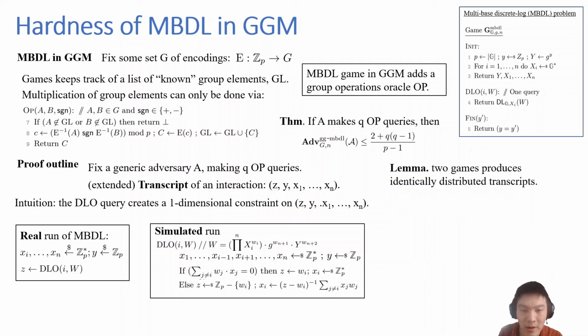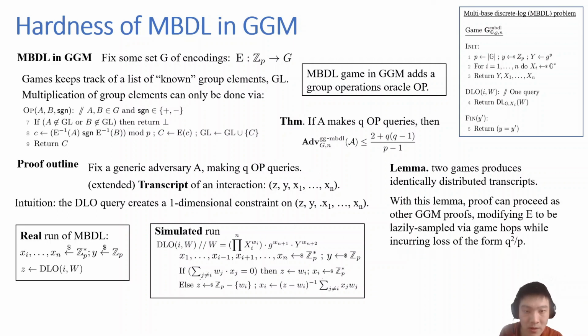And we provide a lemma that proves that these two ways of sampling the transcript provide identically distributed distributions on these transcripts. And with this lemma, the proof will proceed as other GGM proofs, modifying the encoding to be lazily sampled via game hops while incurring an overall loss of the form Q squared over P.